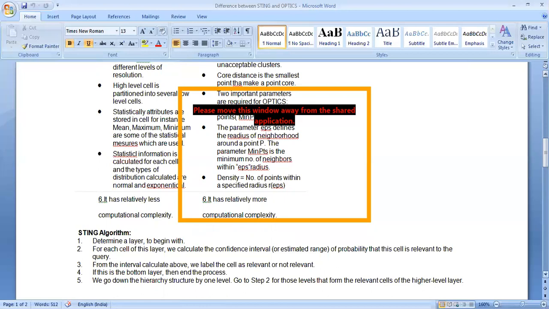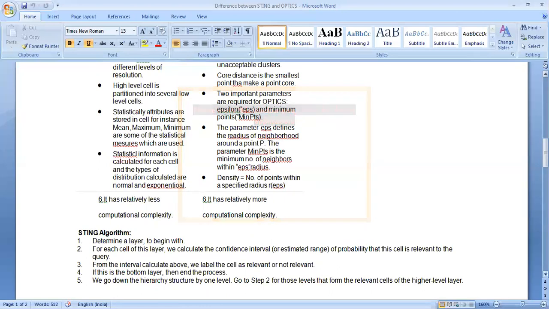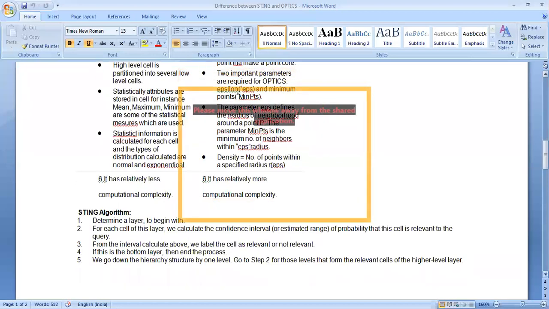Otherwise we go down the hierarchy by one level, and find out whether cells are relevant for those that form the relevant cell of the higher level. When we find that a cell is relevant at the higher level, we go to the next lower level to locate the relevant data's location.